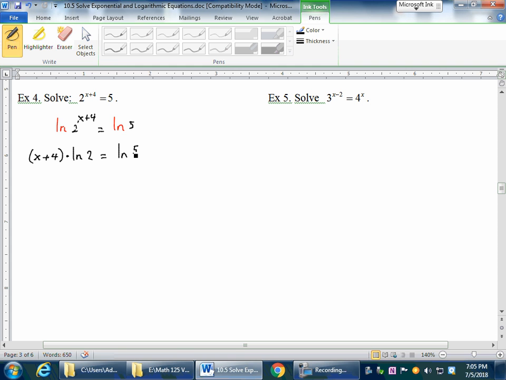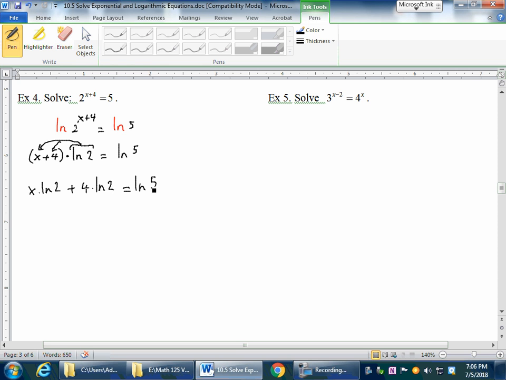Now, solving this, remember that this ln of 2 is a number, so I'm going to distribute this number into both of the terms. So that will become x times ln of 2 plus 4 times ln of 2 is equal to ln of 5.